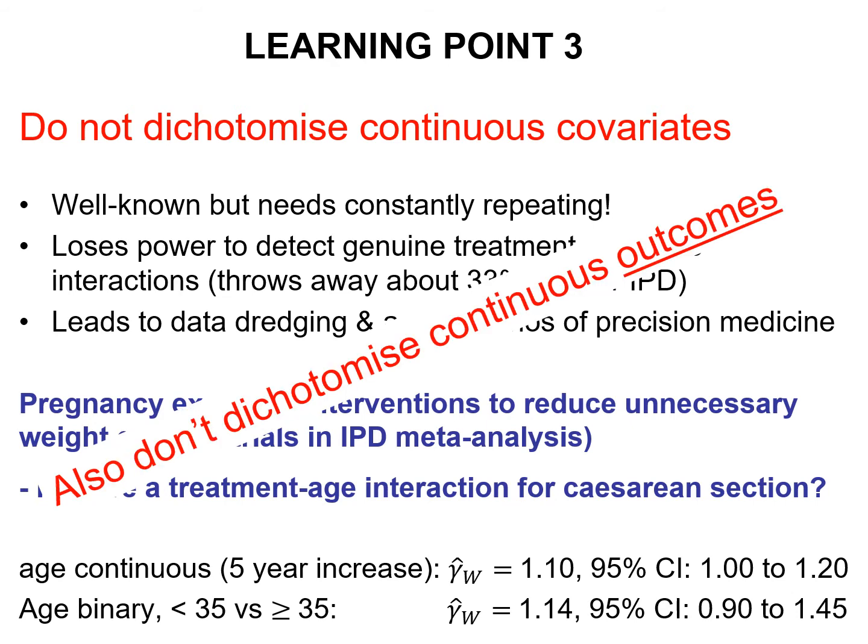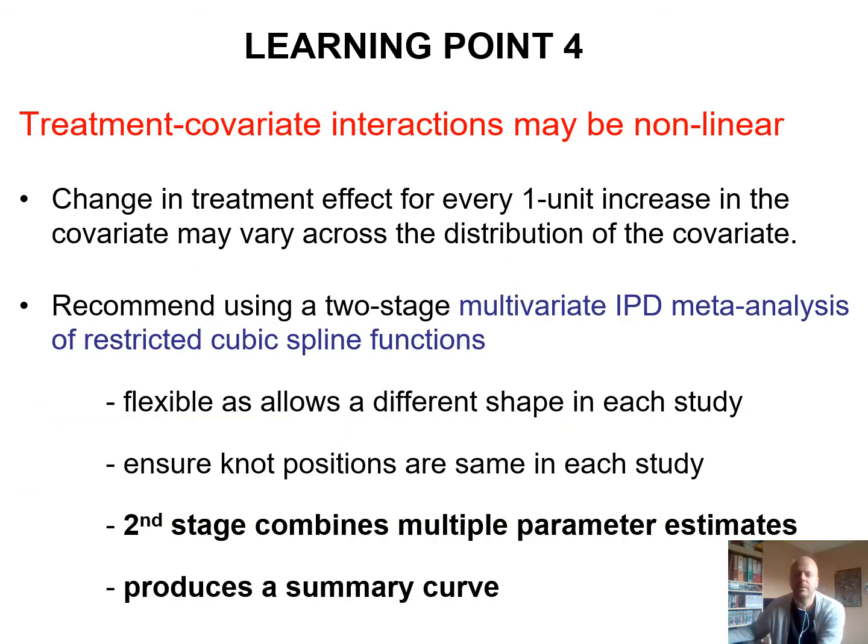A related point is that we shouldn't dichotomize our continuous outcomes. So sometimes when we have blood pressure, people may dichotomize that into high and low, for example, but again, that's losing information and not something that I would recommend. A related point is that our interactions with continuous covariates may be non-linear.